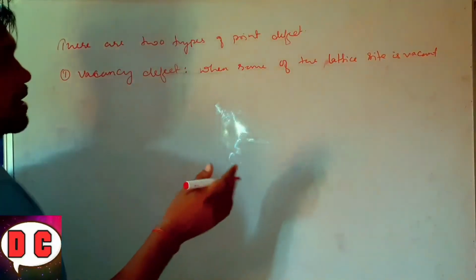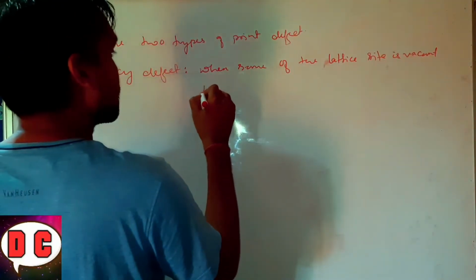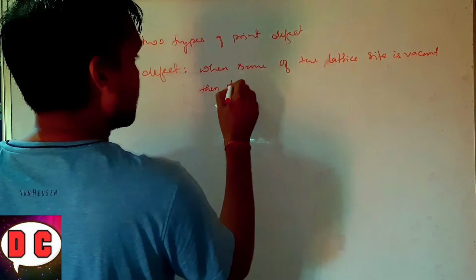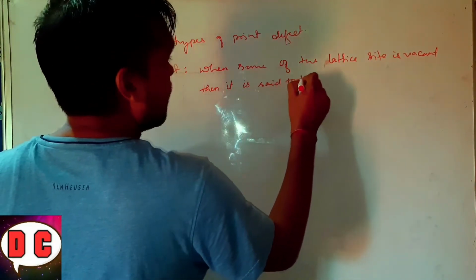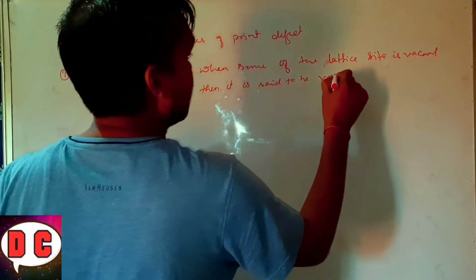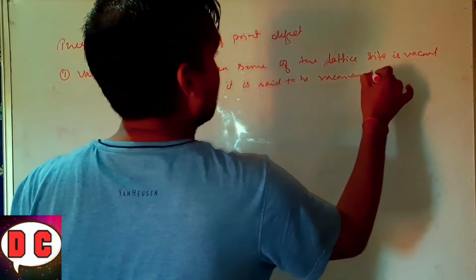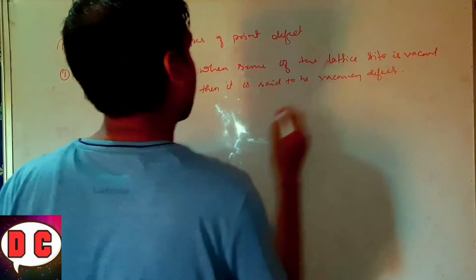When some of the lattice sites are vacant, then it is said to be a vacancy defect. Okay, for example, I'll tell you.